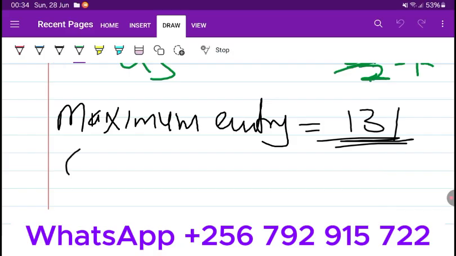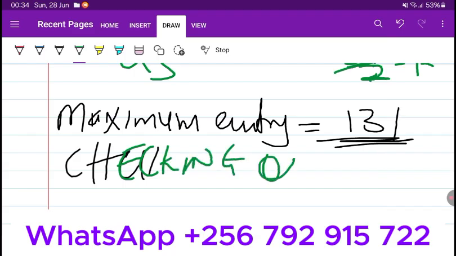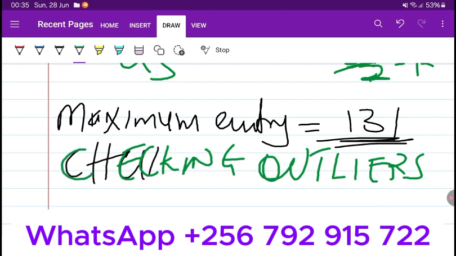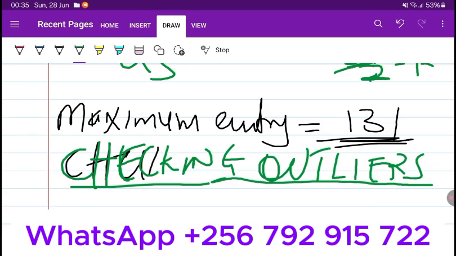So this is checking for outliers. We are checking now the extreme values, and this is our part B, where we are confirming the outliers. When you are confirming the outliers, we always use the interquartile range.